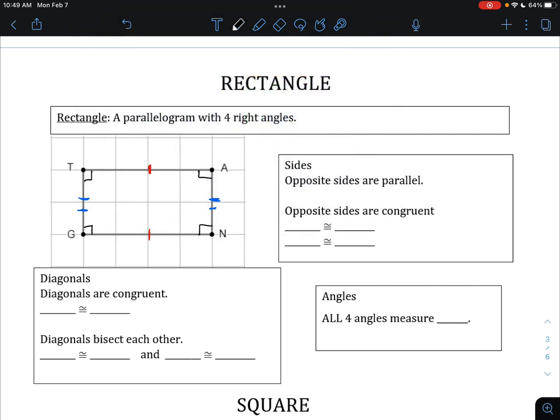So we've got TA is congruent to GN, because remember this is a rectangle, and all rectangles have opposite sides congruent. TG should be congruent to AN, and they are parallel. They're opposite sides, so they're parallel and congruent.